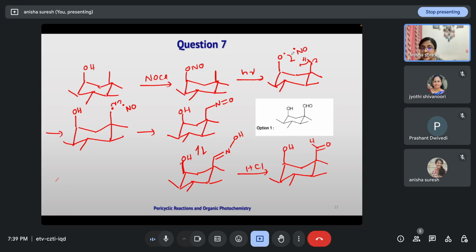Then this O radical will abstract the gamma hydrogen that is in proximity, leading to the formation of OH and this carbon radical. That carbon radical can recombine with the NO radical and undergo tautomerization to form the oxime. Upon hydrolysis, it will lead to the formation of the aldehyde. Is the mechanism clear?